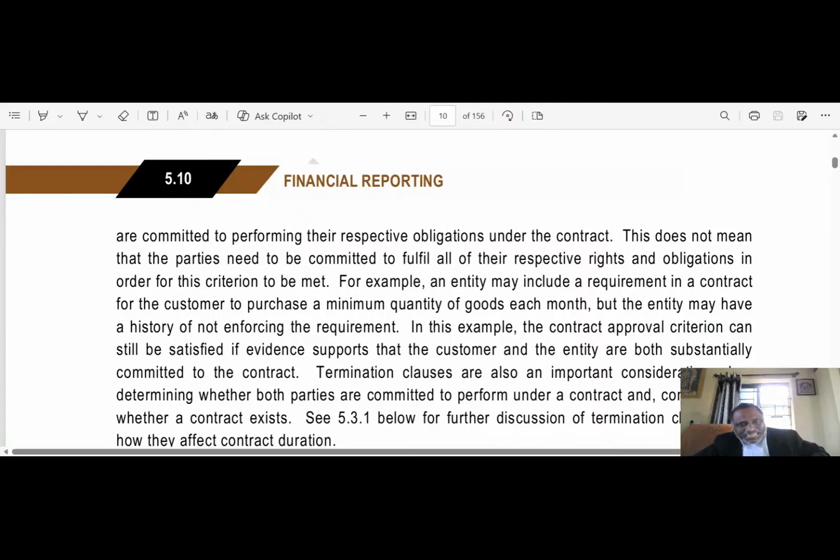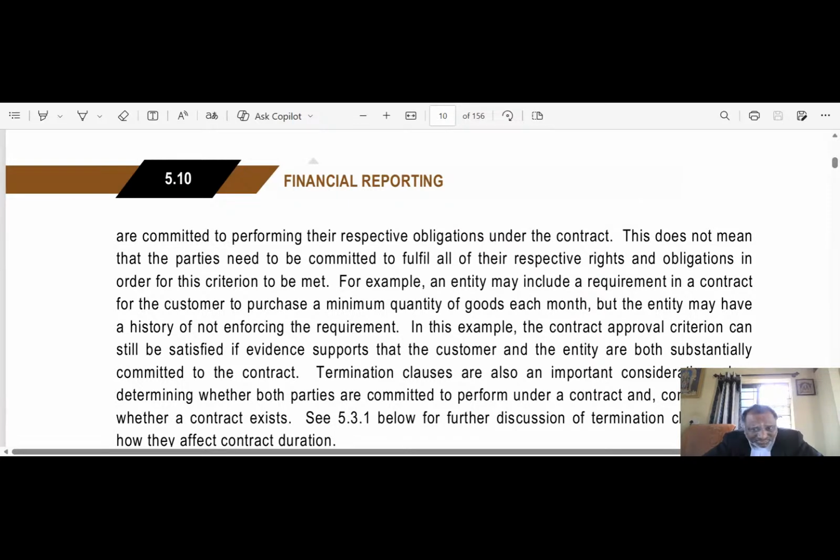For example, an entity may include a requirement in a contract for the customer to purchase a minimum quantity of goods each month, but the entity may have a history of not enforcing the requirement. In this example, the contract approval criterion can still be satisfied if evidence supports that the customer and the entity are both substantially committed to the contract.